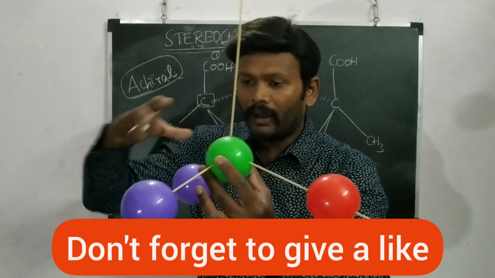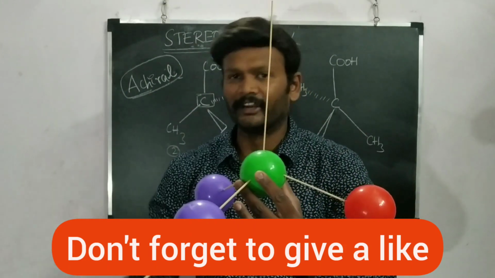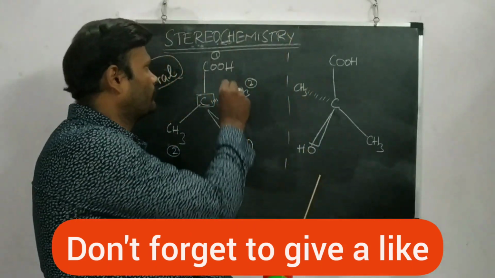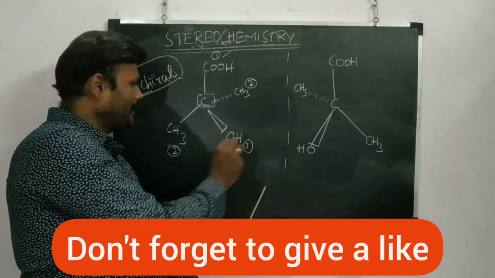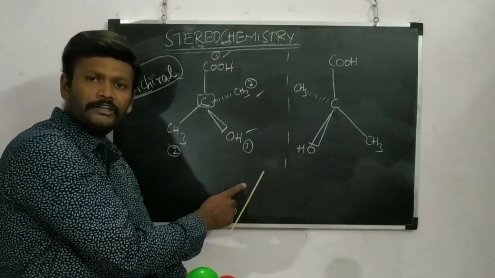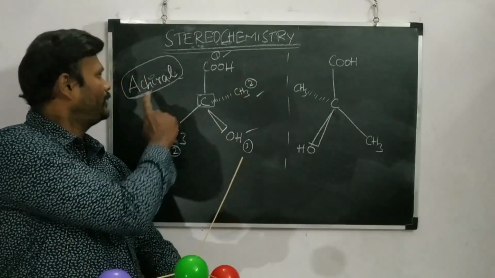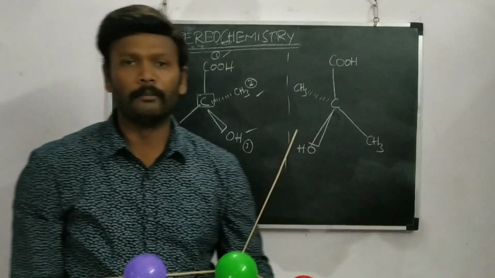One group is the same, and the remaining groups are different. Suppose I'm taking a COH group, an OH group, and a CH3 group. These three groups are different, but the same group is repeated here. This is what makes it an achiral molecule.